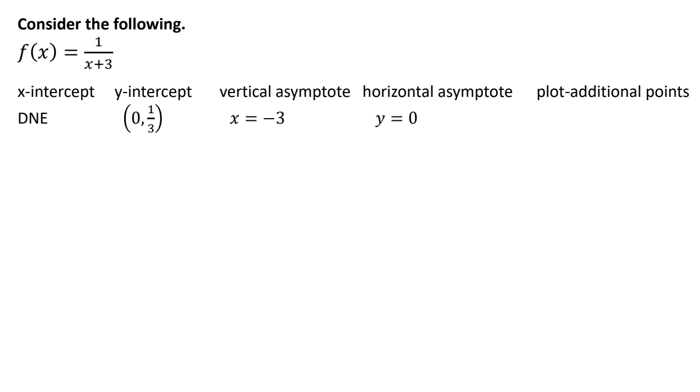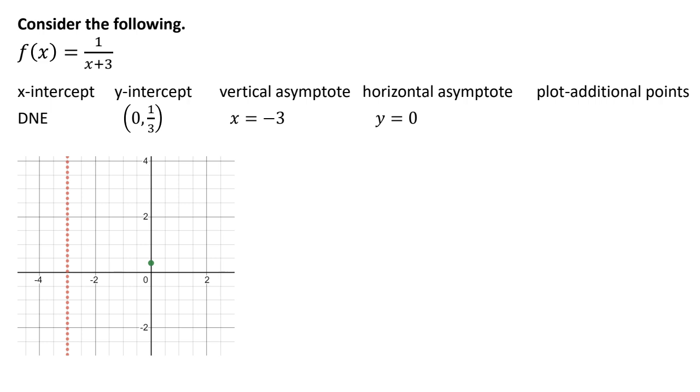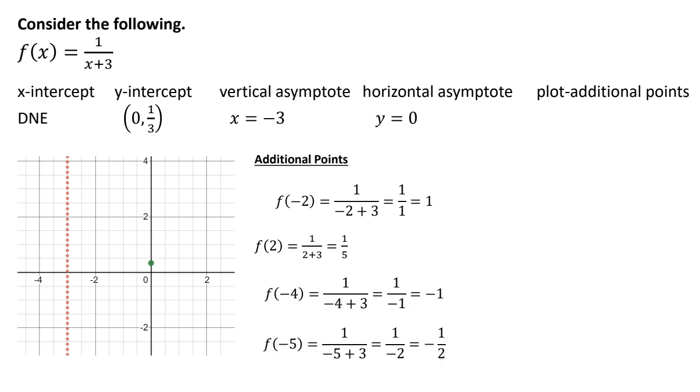The points that I would pick would be points to the left of -3, points between -3 and 0, and points to the right of 0. I would choose -2 and 2, -4 and -5. These are just more additional points to get a better idea of my graph.